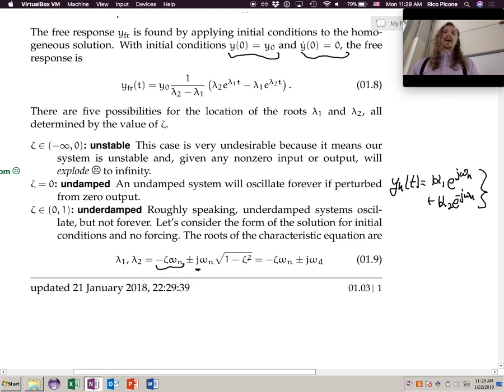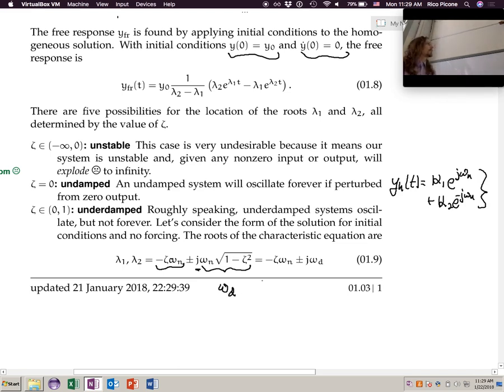We have 1 minus zeta squared, so we flipped the direction of the subtraction, which is totally fine. We define this quantity, omega n times the square root of 1 minus zeta squared, for an underdamped system with zeta between 0 and 1, to be the damped natural frequency, omega d.